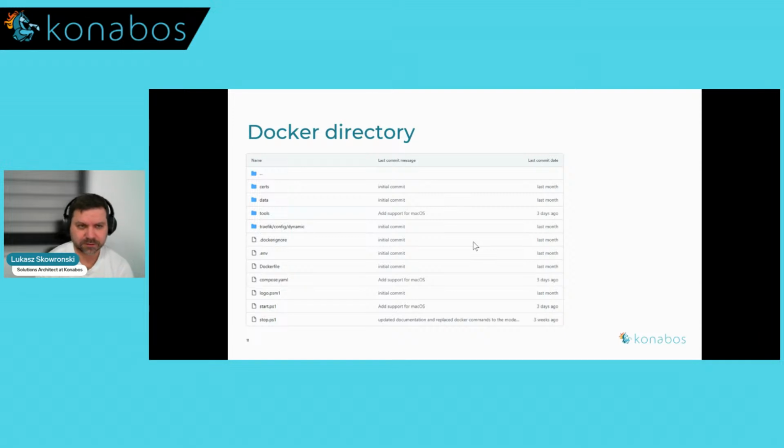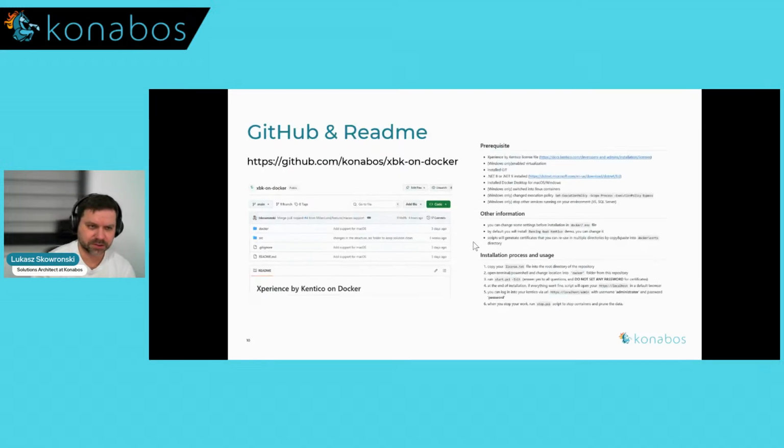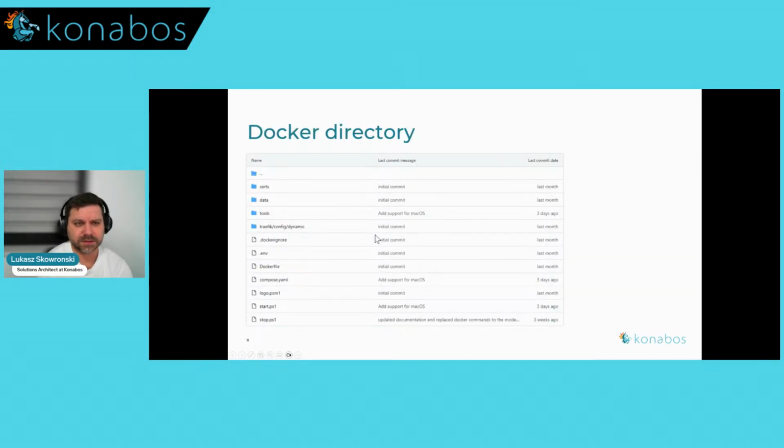Let's move on to the details. I will just go back one step. Here you can focus on the folders. In the main directory we have the Docker and SRC folders, and right now we'll discuss the Docker directory, as from the beginning it contains more than the other directory.